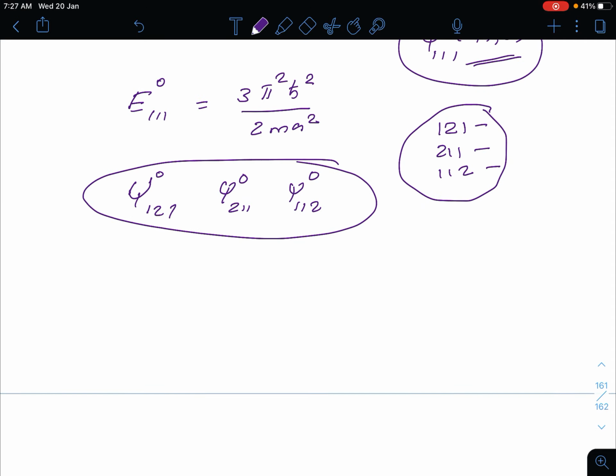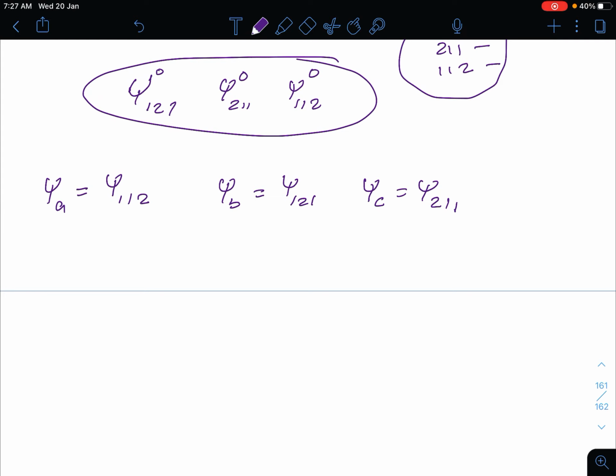So let's call psi 112 the first one, psi A for the sake of simplicity. Now psi B is psi 121 and psi C is simply psi 211.